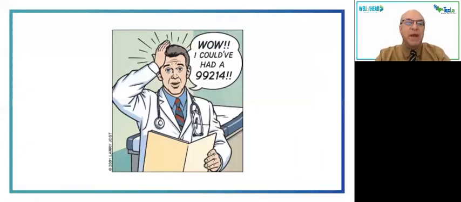And so in summary, wow, I could have had a 99214. This little cartoon reflects that there are many things that go into coding. These things really need to be reviewed and understood because there are lots of things that you probably do in your routine practice and you never bill for because maybe you didn't understand how you needed to bill for it. But you're really missing out on payments for work that you've actually done.